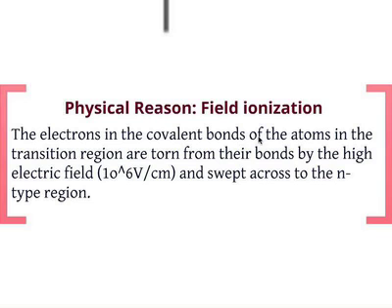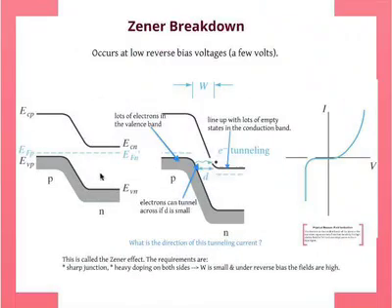The electrons in the covalent bonds of the atoms in the transition region are torn from their bonds by the high electric field, and it has to be like 10⁶ volts per centimeter or so, which is pretty high, and swept across to the n-type region. And the picture there is exactly the same as here because of the very, very high fields, which of course is pointing from n to p, right? Donor atoms to acceptor atoms to donor atoms. And the electron gets pulled across because of this large field. Okay?